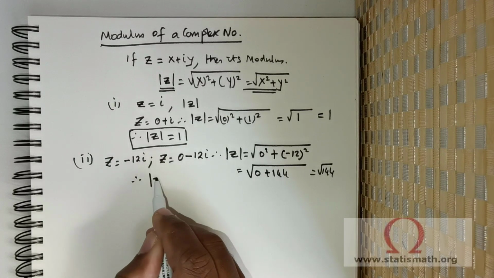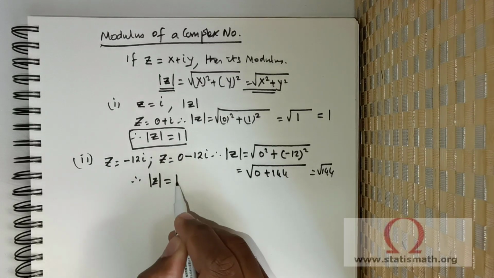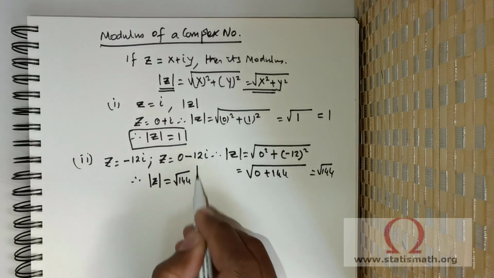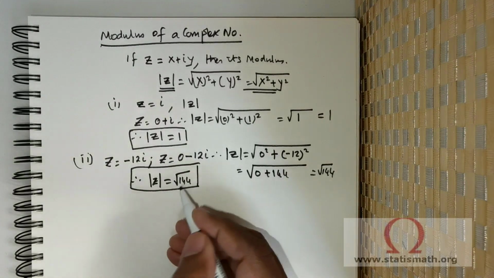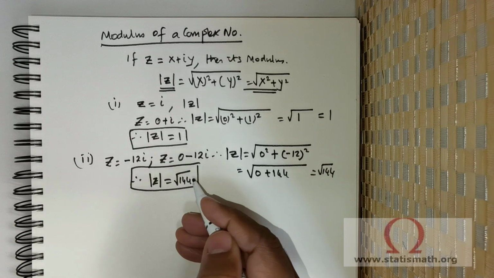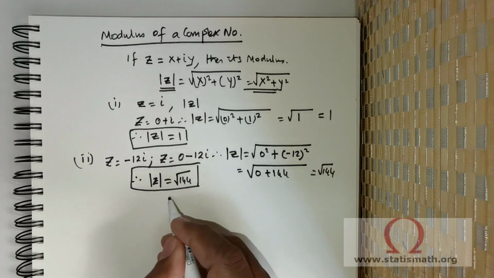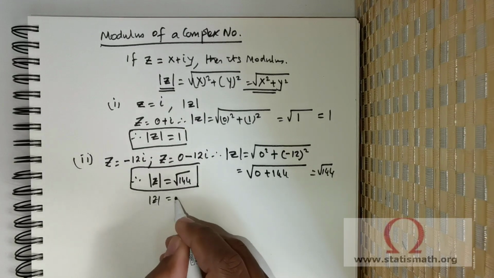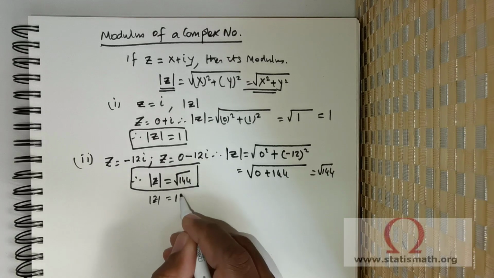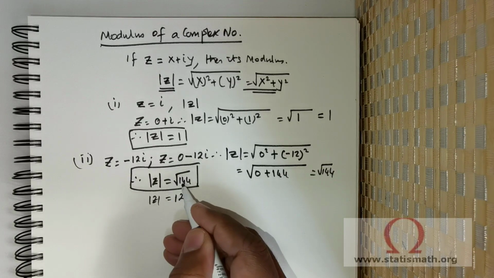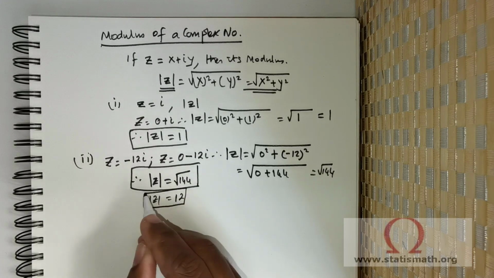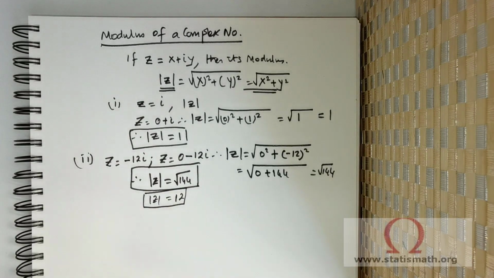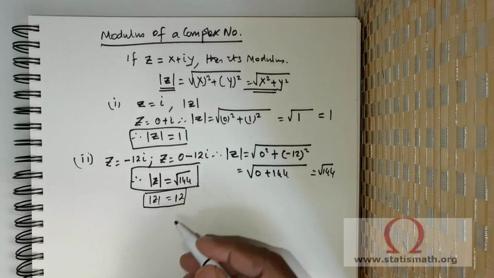So the modulus of z is root of 144, and you can stop with that. Of course, I know the root of 144 is equal to 12, so you can write that. But in case, instead of 144, it lands up at 143, you don't need to use your calculator and obtain the value for root of 143. So have that in mind.